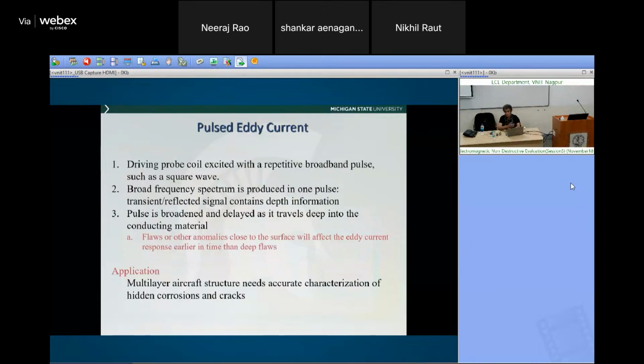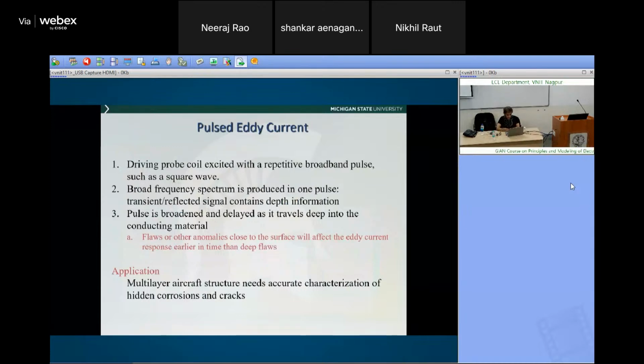It has its own use, but it's very slow. In the beginning, they used it for layered structures, so that you can find out in which layer the defect is.